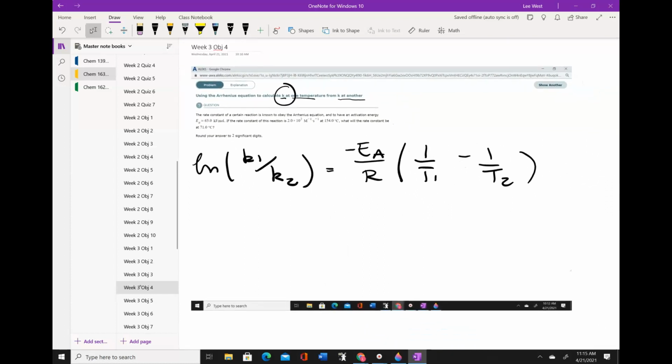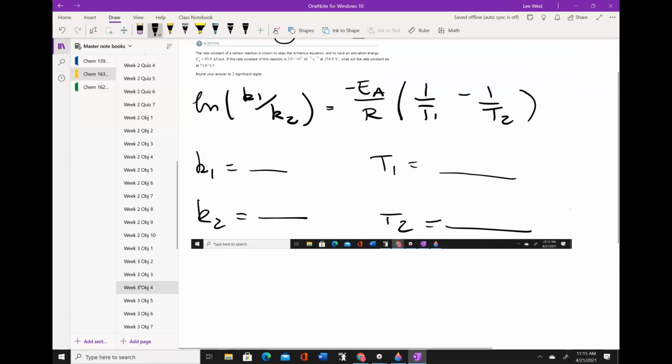Remember what I said, that we need to make sure that we have our temperatures in Kelvin and our activation energy in joules, and then also that we use R as the correct value of 8.314 joules per mole per degree Kelvin.